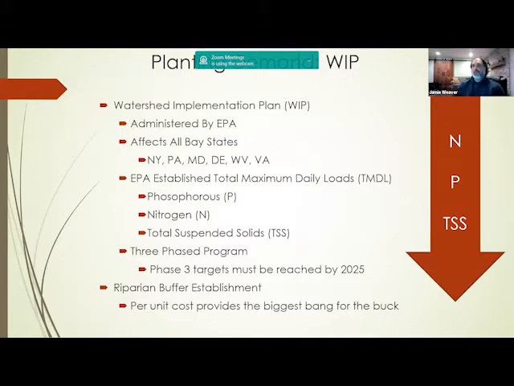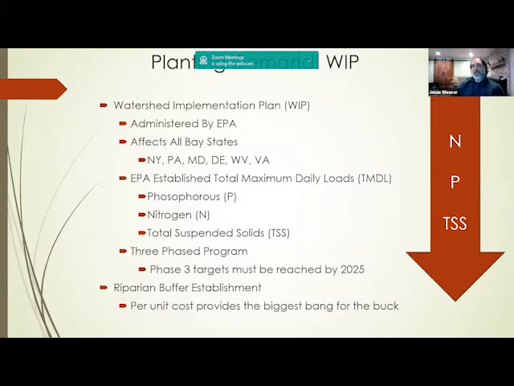Total suspended solids are the soil particles, and soil particles have a charge they carry with them, and they attract all kinds of stuff. So that soil entering into the stream system is what is then leading to pollution in the bay.